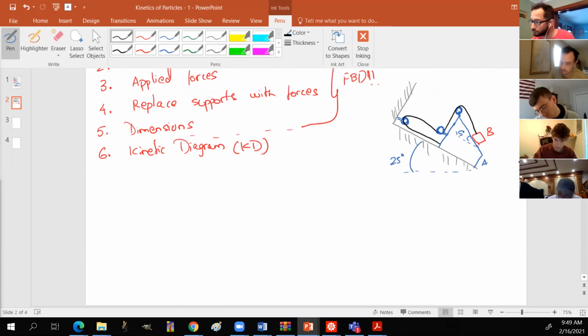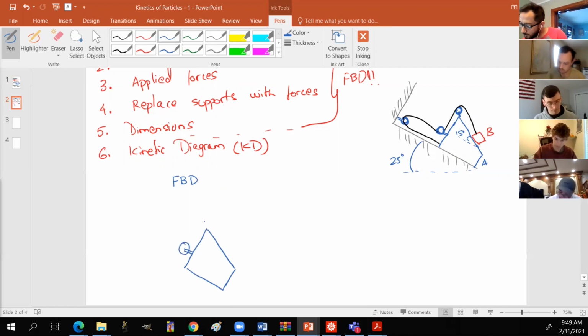So you've got one pulley here, another pulley there, and let's draw our coordinate system such that the x-axis is along that sliding plane.